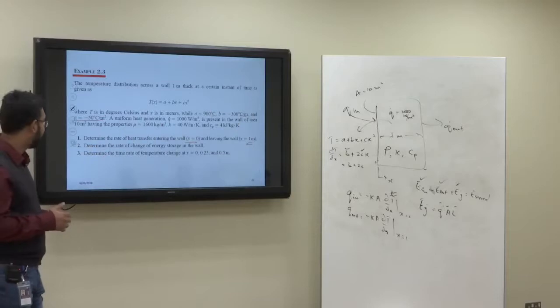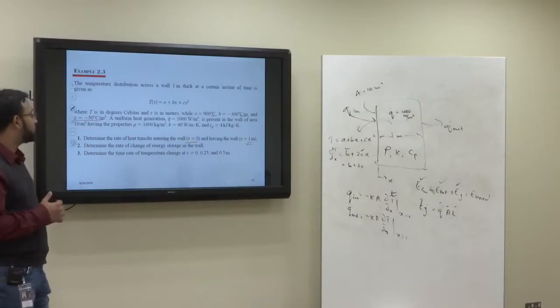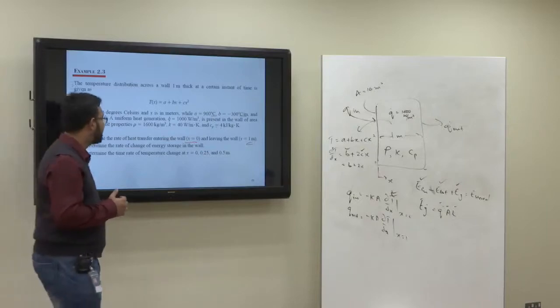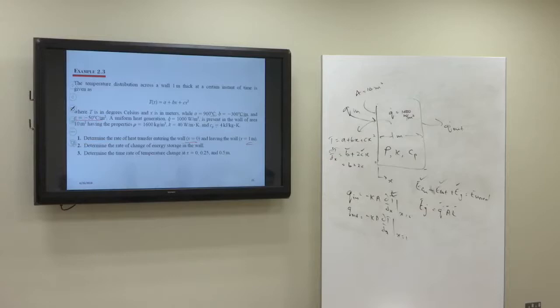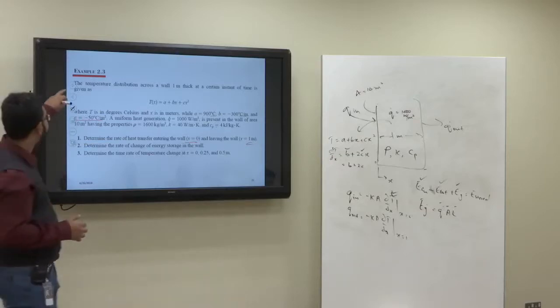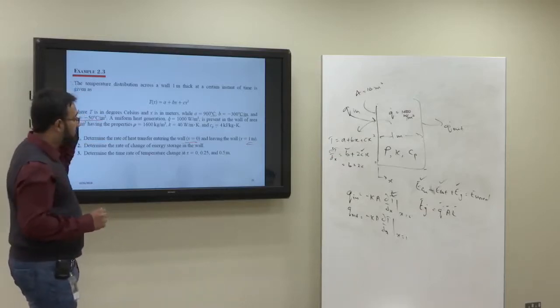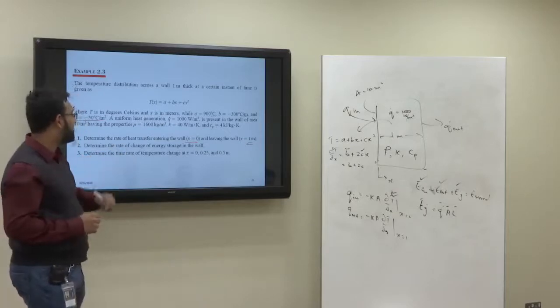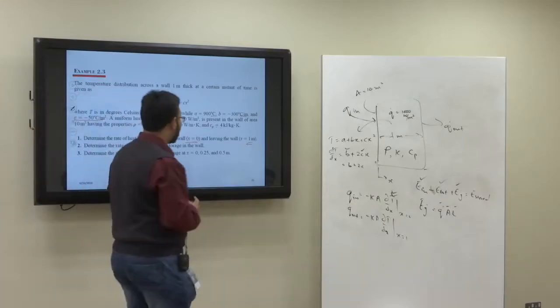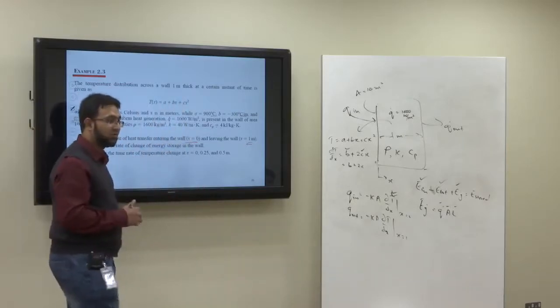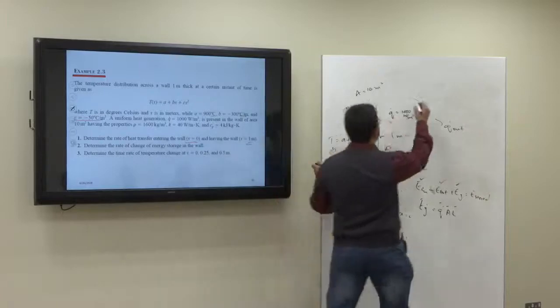You got that. Now determine the time rate of temperature change at x equals 0, x equals 0.25 and x equals 0.5. Since we need to find the time rate of temperature change at these points, we need to move back to our heat diffusion equation. What was our main heat diffusion equation?